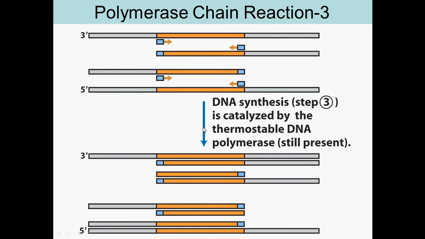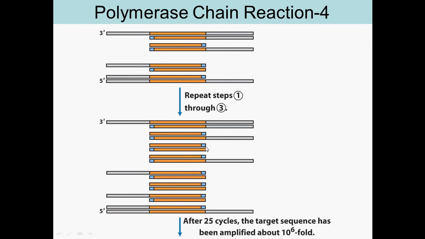This one's going to be the right size, this one's going to be too long, but these ones are going to increase linearly, and this one is going to grow exponentially. So in the end, you're going to have a lot more of the gene of interest and a lot less of the extra base pairs one.